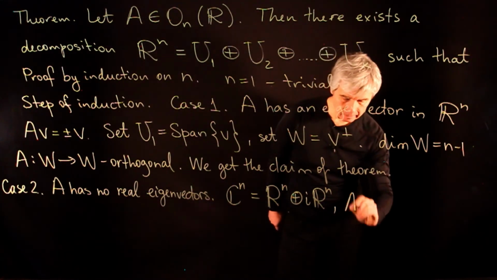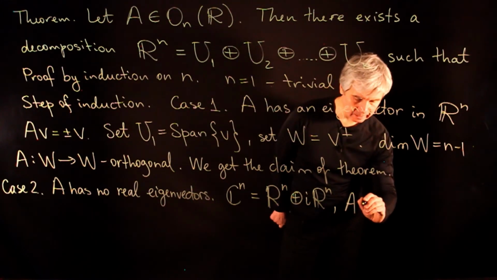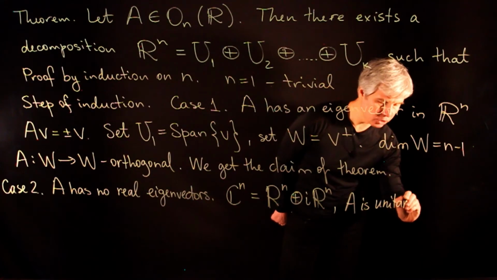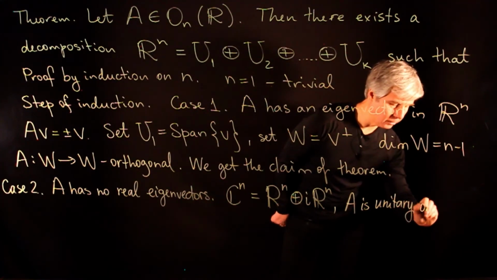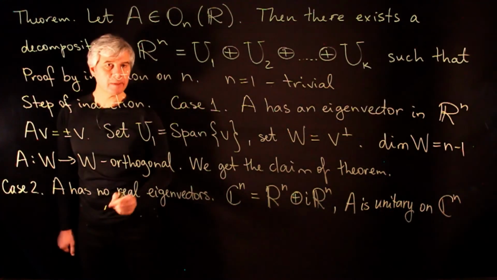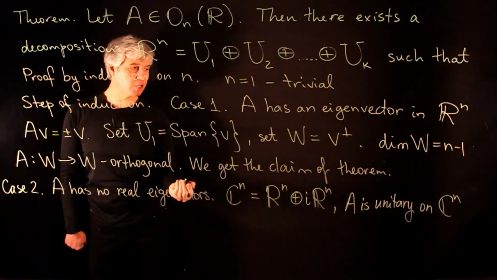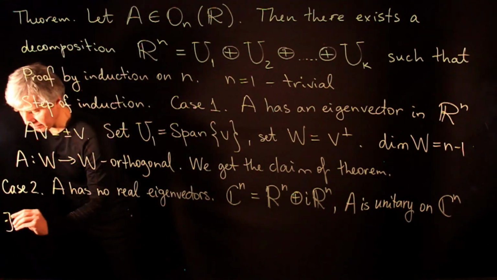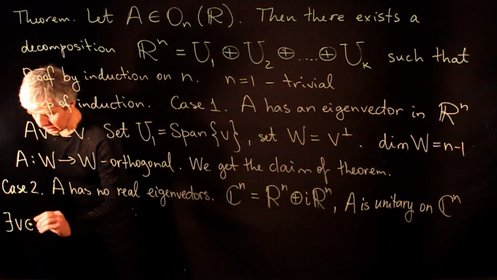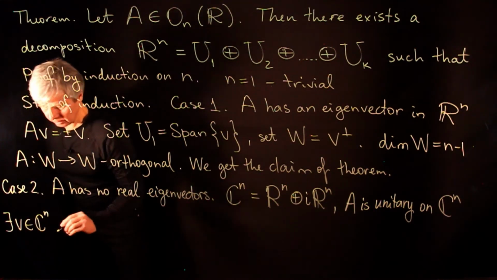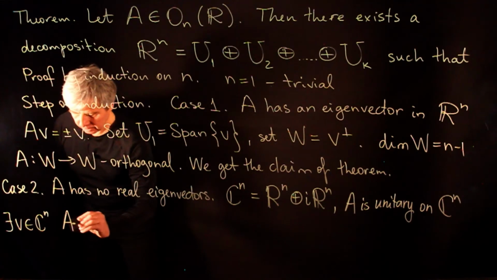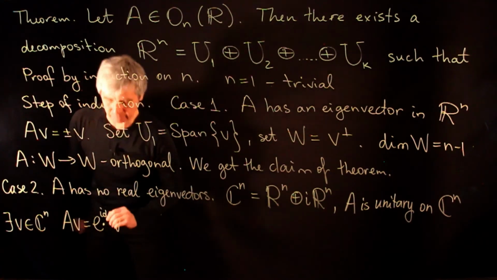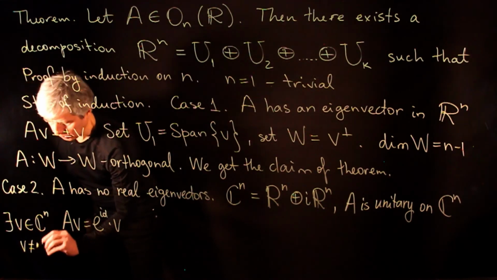Thus, A may be interpreted as a unitary transformation on Cn. And then, as a unitary transformation, it must have an eigenvector. So we must have a non-zero vector V in Cn such that A applied to V is e to the i alpha times V, and V is non-zero.